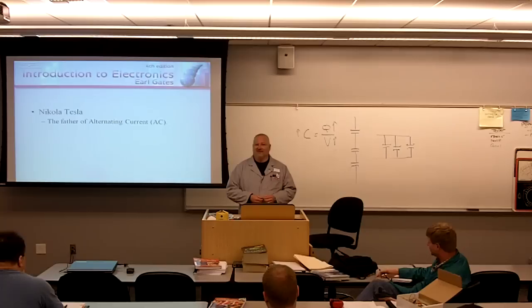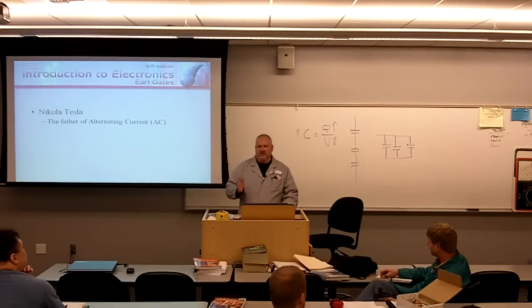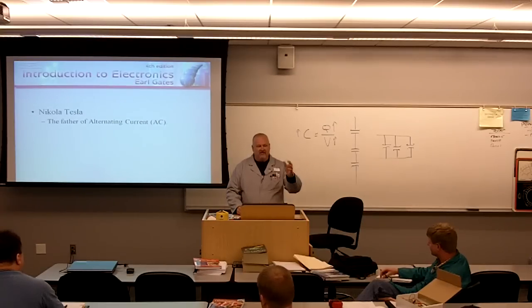And it got its start from a guy named Edison. He was in heavy debate with a guy, Nikola Tesla. And Nikola Tesla was the father of alternating current. And Edison wanted DC distribution. Tesla wanted AC distribution. Who won?